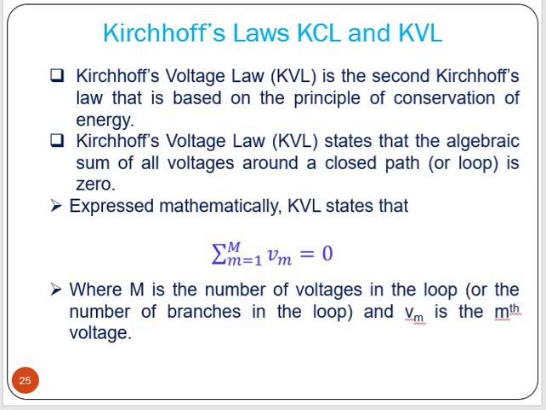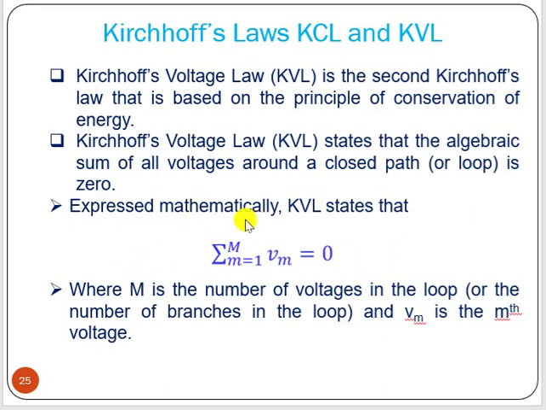Okay. Now Kirchhoff's voltage law. Kirchhoff's voltage law is the second Kirchhoff's law, based on the principle of conservation of energy. Kirchhoff's current law is based on conservation of charge, and Kirchhoff's voltage law is based on conservation of energy. Kirchhoff's voltage law states that the algebraic sum of all voltages around a closed path or loop is 0.